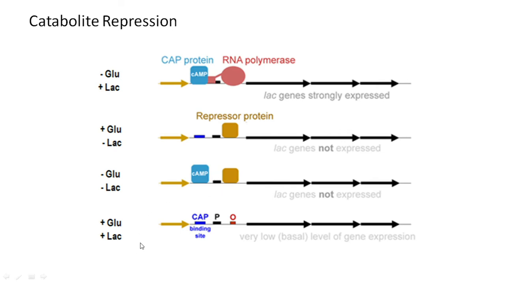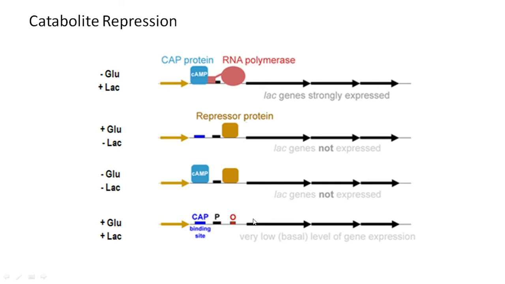When glucose and lactose both are present, then the situation we talked about earlier: the cAMP level will be down, so the CAP protein will not be able to bind here. The CAP-cAMP complex will not be able to bind here. Even when lactose is present, the Lac repressor is inactivated. There is a proper chance of binding of RNA polymerase over here.